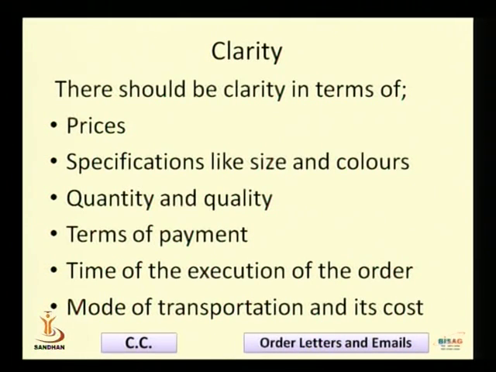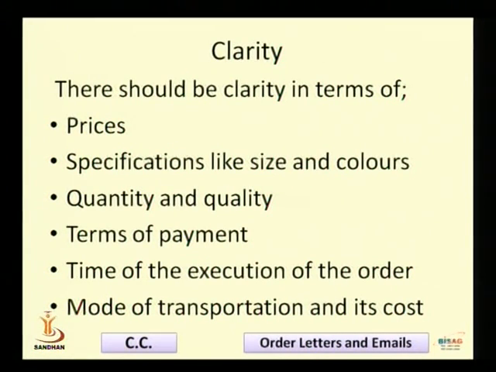Then the next is terms of payment. Friends, very often what happens is we take things for granted, and in that case there is always confusion, there are always problems. So to avoid these confusions and problems, we must make things clear. As such, the buyer, when he buys, is bound to do some payment as per the norms laid down by the seller.